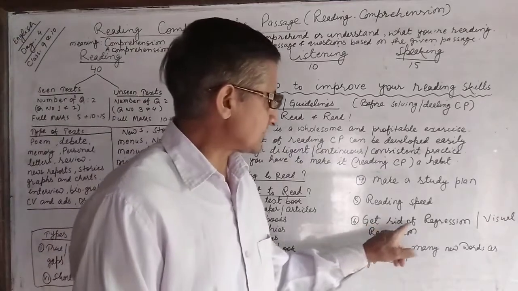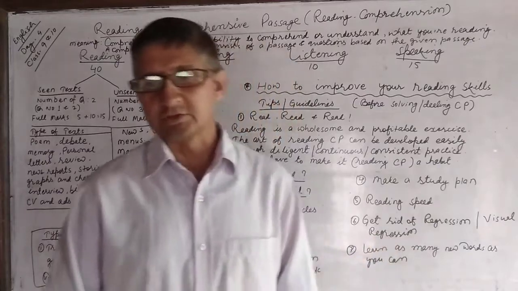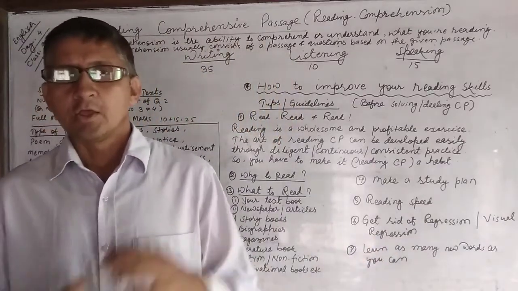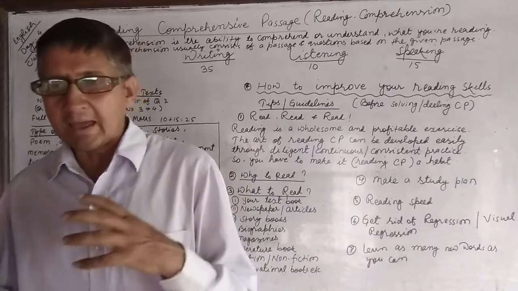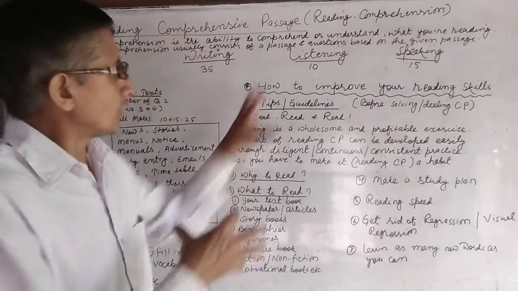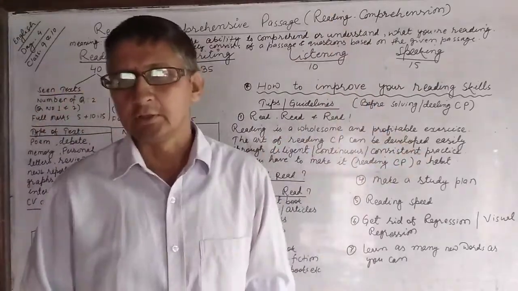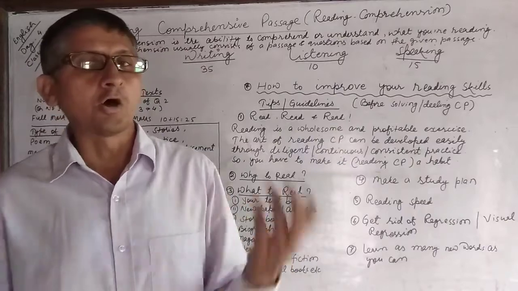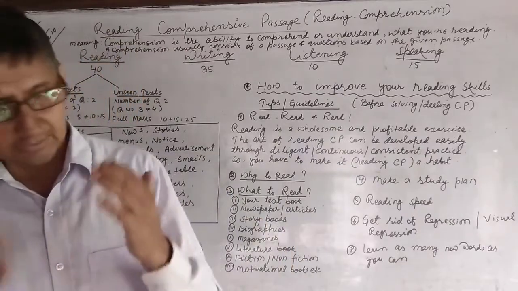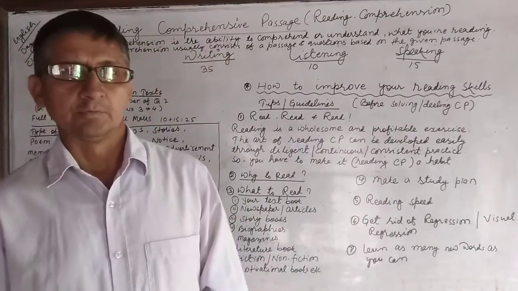Next is get rid of regression, visual regression. It means when you read, your eyes bounce all over the page. From right to left, from top to bottom, your eyes bounce all over the page, and it makes your reading slow.